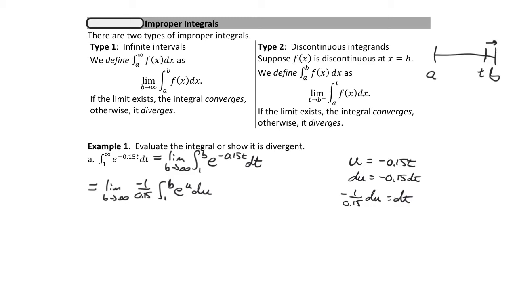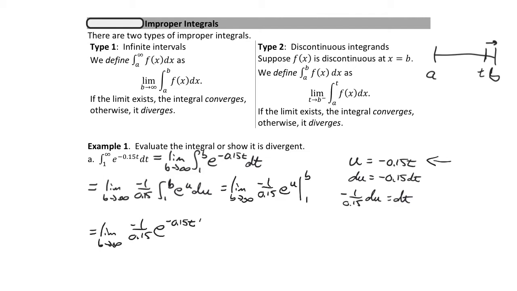So, the integral of e to the u is exactly e to the u. That's kind of nice. So we have the limit as b goes to infinity of negative 1 over 0.15 e to the u. Now remember, this is going from t equals 1 to t equals b, so we have to resubstitute. This is the limit as b goes to infinity of negative 1 over 0.15 e to the negative 0.15 t, evaluated from t equals 1 to t equals b.